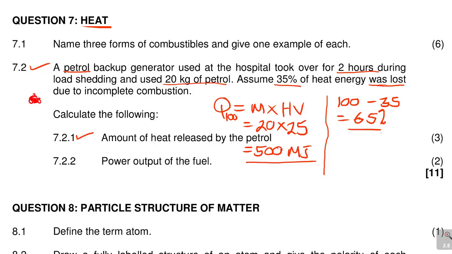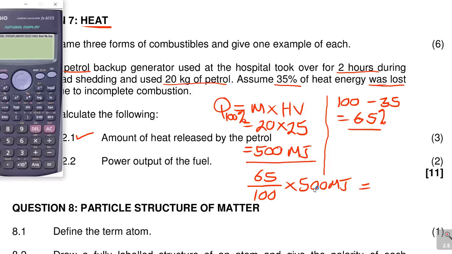So now you need to find 65% of the 100% of heat. So you're going to say 65 over 100 times 500 megajoules, and then it will give you the heat that was actually used by the petrol when it was running for those 2 hours.